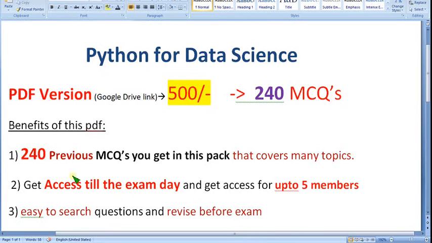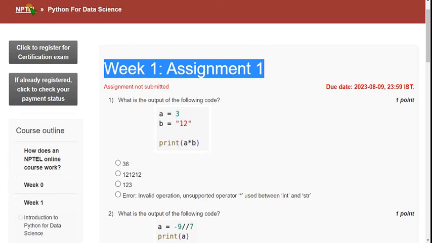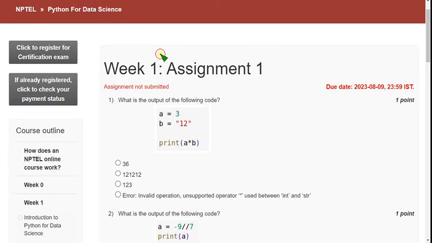So now let's see the solutions regarding week 1. This is the week 1 assignment of the Python for data science course. Now let's see the first question. What is the output of the following code? If you see here, print A into B, here B is a string, because it is enclosed within double quotations.